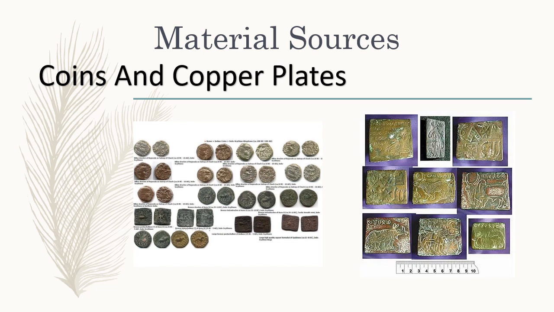From these copper plates and coins, we can make out the metals which they were using at that time, the religion, and the language used during those periods. So these are all main highlights of how things were changing. This is part of a slow and steady process of human civilization.